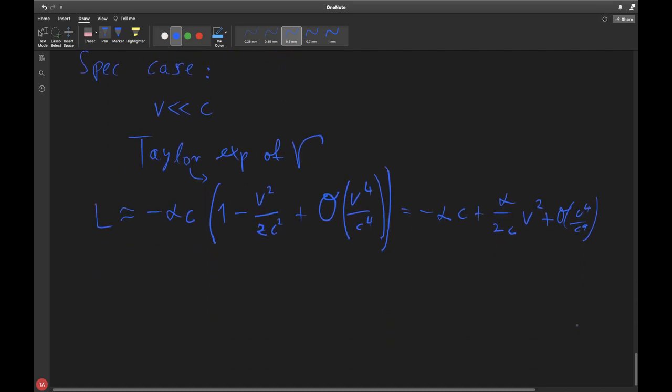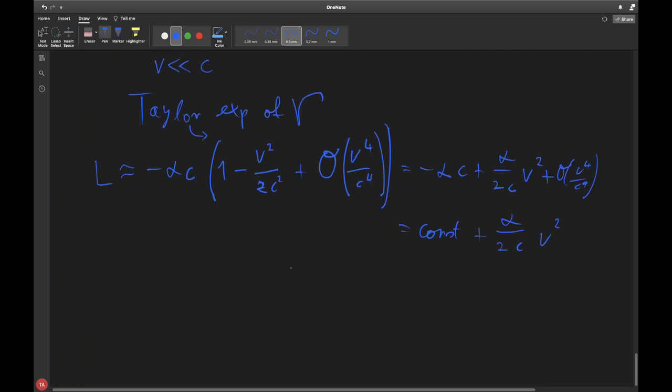So then this means that we have some kind of constant plus alpha over 2c v squared. Okay, so then we have a classical system in which there is no interaction. So the uppercase V0 means non-interacting system.